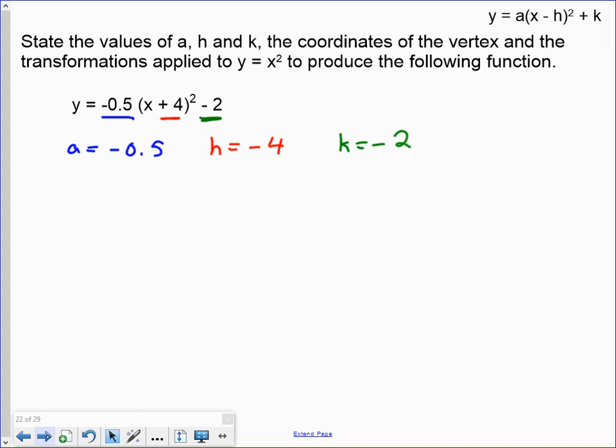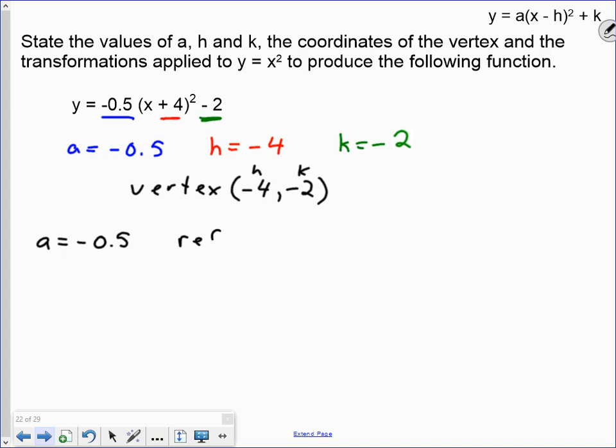What transformations do each of these represent? Before that, we should say the vertex. The vertex is going to be given by negative 4, negative 2, obviously our value for h and our value for k. Let's do them in this order here. a equals negative 0.5.